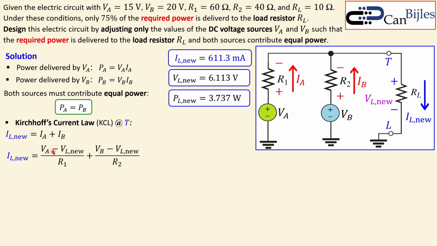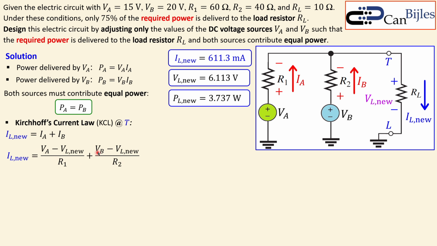So, I have now minus VL new divided by R1, that is actually the voltage drop across R1, divided by R1 will give you the current. And similar for the IB, the voltage across this resistor is this voltage minus the voltage across the load divided by then the resistor R2 will give the current, so that's actually shown here.